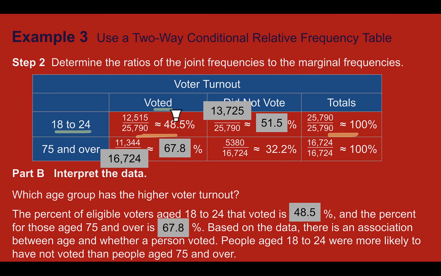If we're looking at who voted, then people 75 and over were more likely to vote. Or the way they worded it here, people aged 18 to 24 were more likely to have not voted than ages 75 and over. So as you're doing this, just be careful. Make sure you're choosing the correct marginal frequency, then its division to figure out the percent, just as it was before.